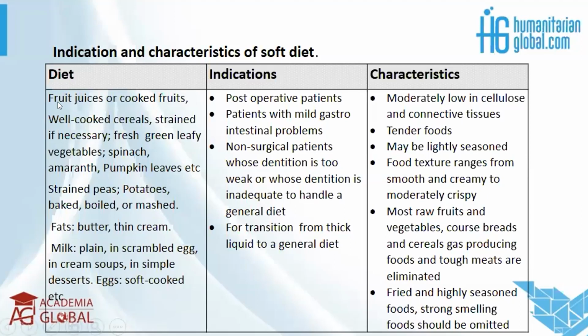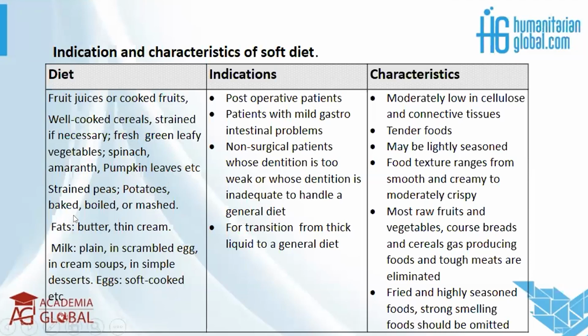For example, fruit juices or cooked fruits. You can see the term here is cooked fruit, meaning that it is a softer version of the fruit. Well-cooked cereals, strained if necessary. Fresh green leafy vegetables like spinach, amaranth, pumpkin leaves, etc. Strained peas, without the fiber.